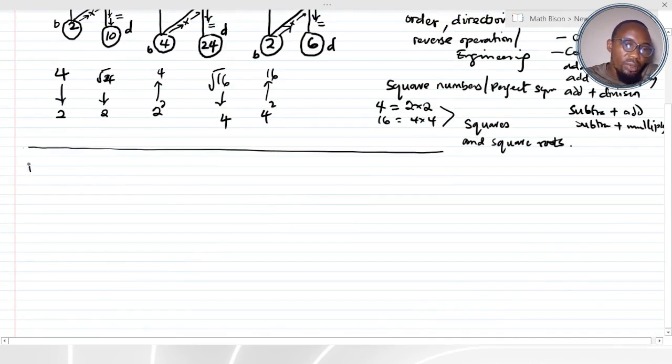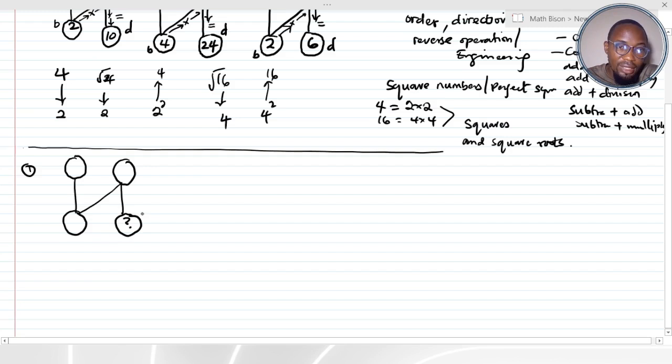So in the first question, we have a question mark here. So this part D is missing. Part A is given as 1. Part B is given as 1. Part C is given as 5. But part D is missing.